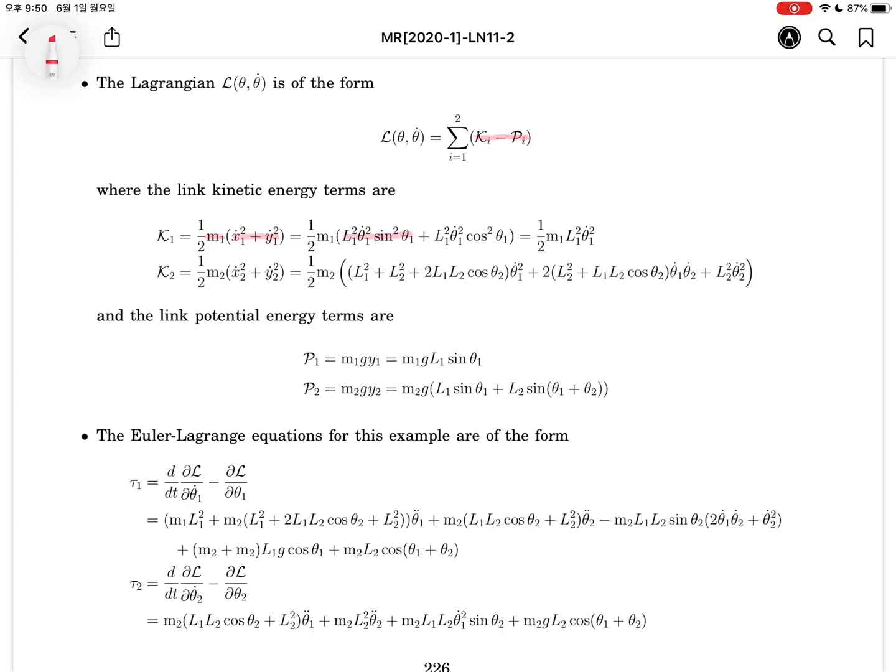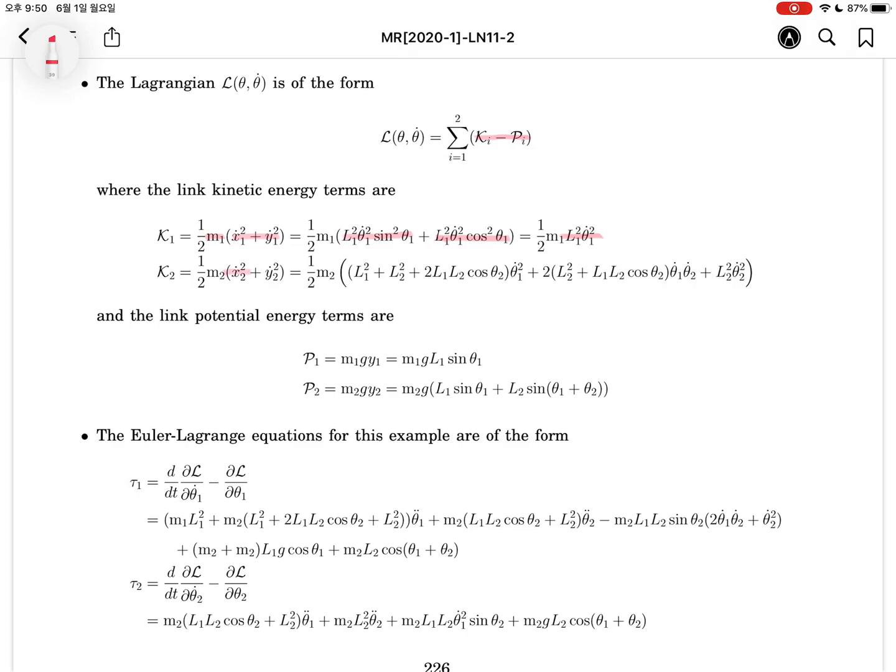If we take the squares, you know the sine squared plus cosine squared will be 1, so it can be rearranged as a simplification.